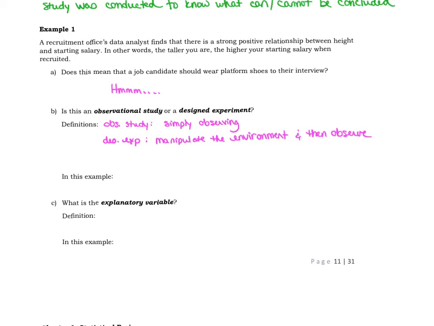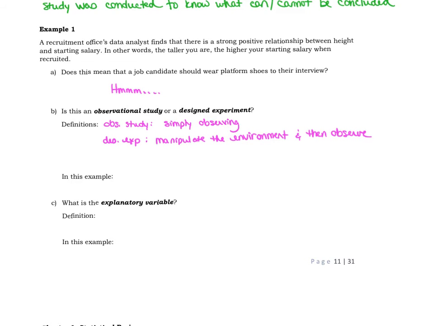By manipulating the environment, you might give some plants no fertilizer, some a little bit, some a little bit more. That's manipulating the environment. Telling one group to do sit-ups, another group push-ups, and another group to jog in place to see what happens with heart rate, that's manipulating the environment, and then recording what happens.